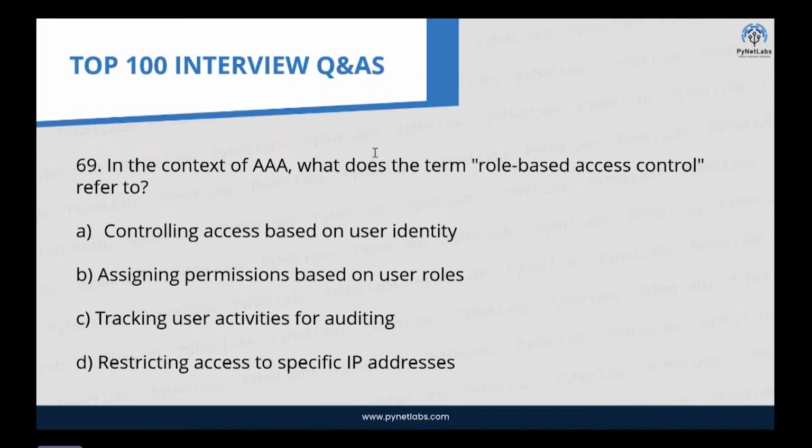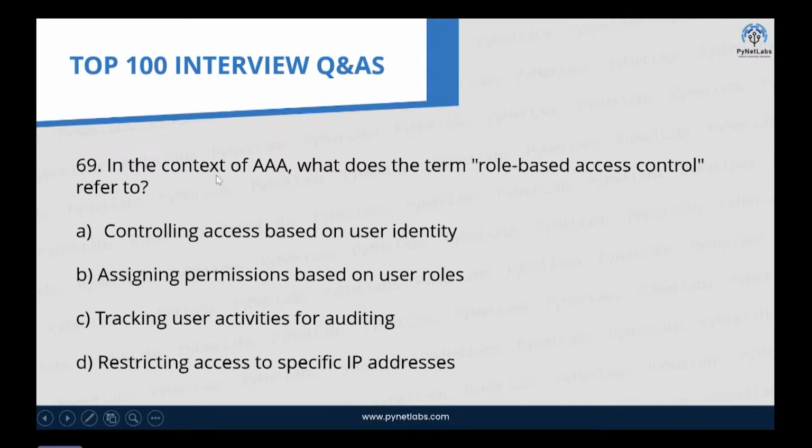In context of AAA, role-based access control is often used as a part of the authorization process, where after a user is authenticated, the system determines what actions or resources the authorized user can access. Instead of assigning permissions directly to the individual user, permissions are assigned to the roles and the users are assigned to specific roles. So in context of AAA, role-based access control refers to assigning the permissions based on user roles, making option number B the correct answer for this question number 69.